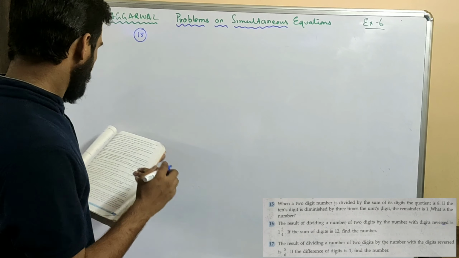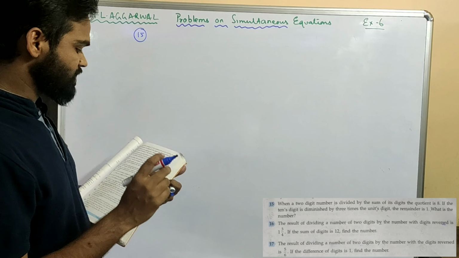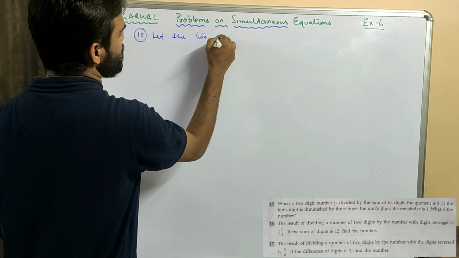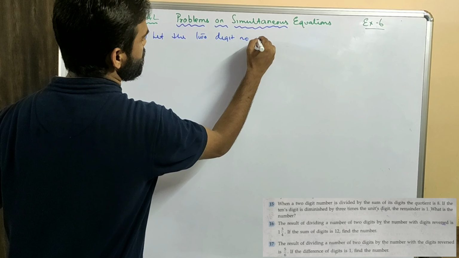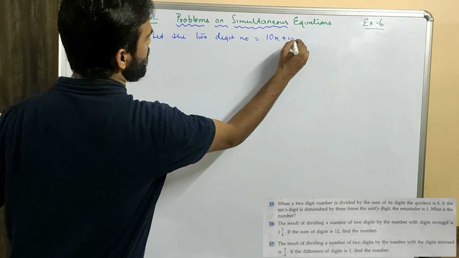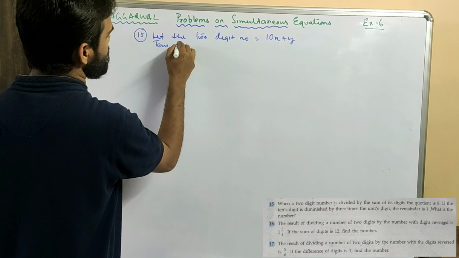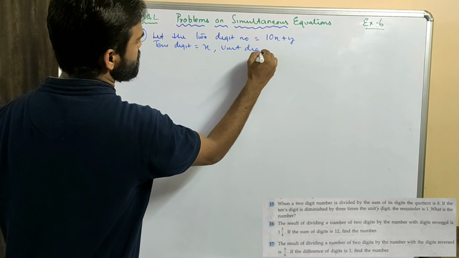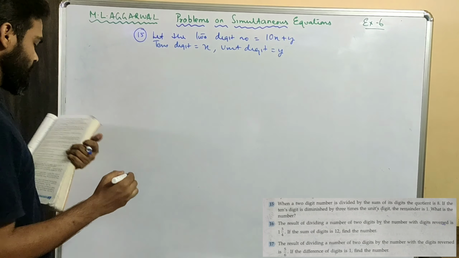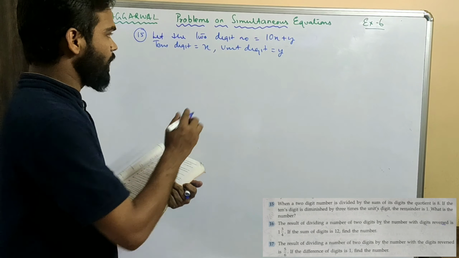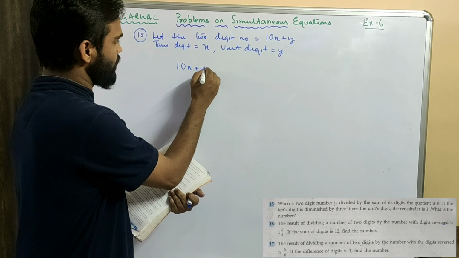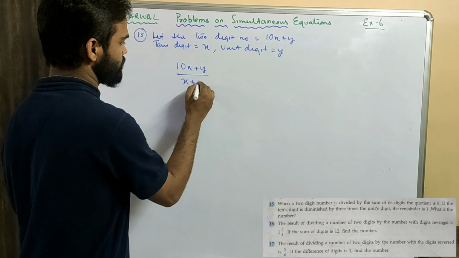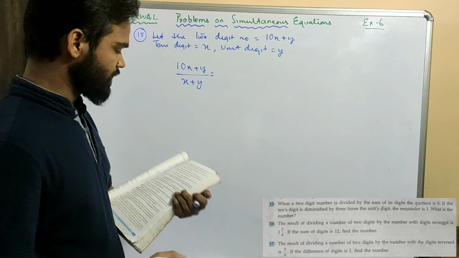Again a two-digit number. When a two-digit number is divided by the sum of its digits. Again, let the two-digit number be 10x plus y, whose tens digit is x and unit digit is y. Now, when a two-digit number is divided by the sum of its digits, the quotient is 8.